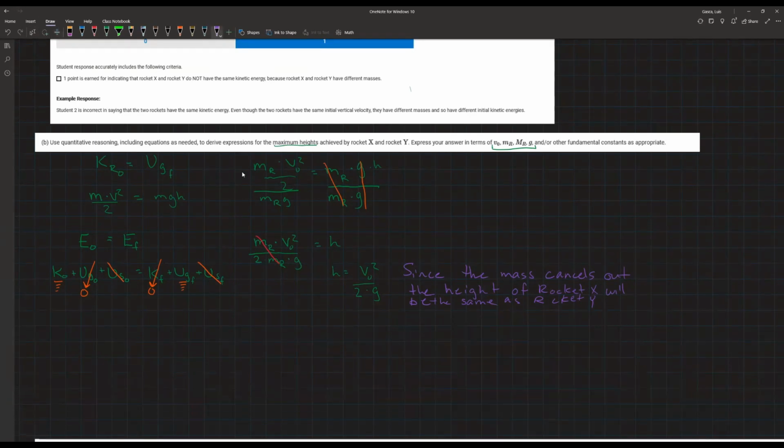And just recognizing that they were talking about energy, we should have done this calculation, the conservation of energy. Now let's go ahead and look at it through forces and kinematics. So dynamics, kinematics. This approach here was energy conservation.